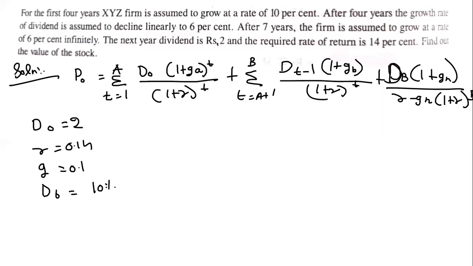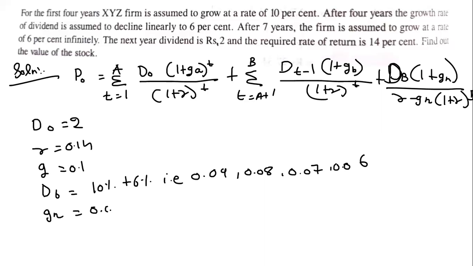Linearly to 6% means it will be 0.09, then 0.08, that is 8%, then 0.07, and 0.06. Next, Gn is 0.06 and B is 7. So let's solve the first step, that is the first formula.